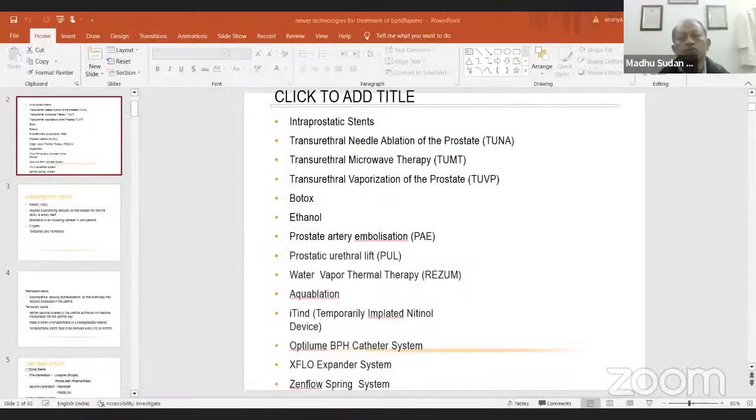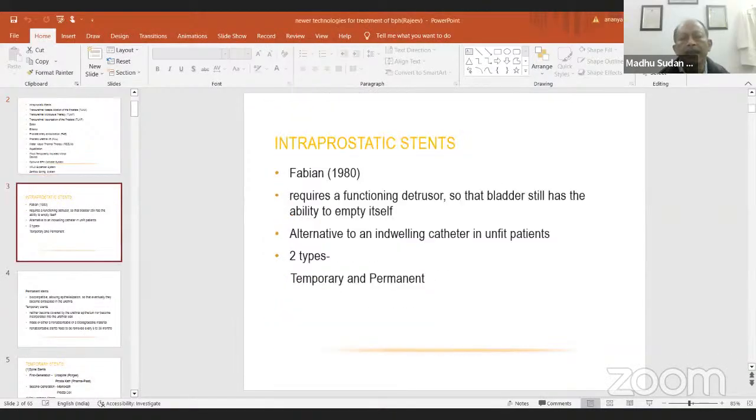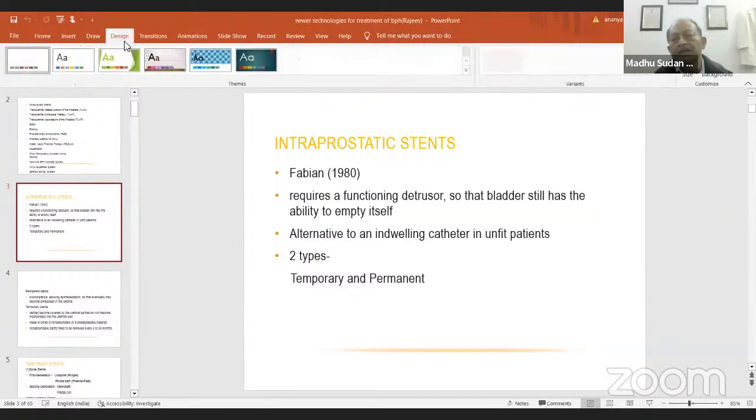It is always good to, first of all, categorize the newer alternatives into different basic categories: the stents, the ablative techniques, the thermal ones, the mechanical ones.